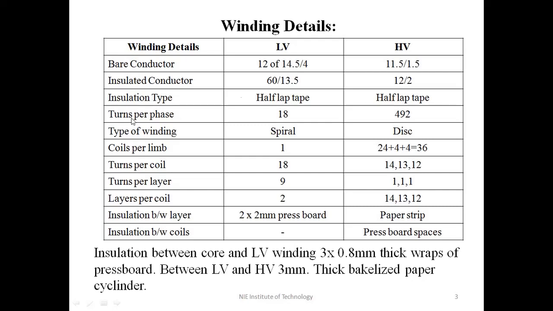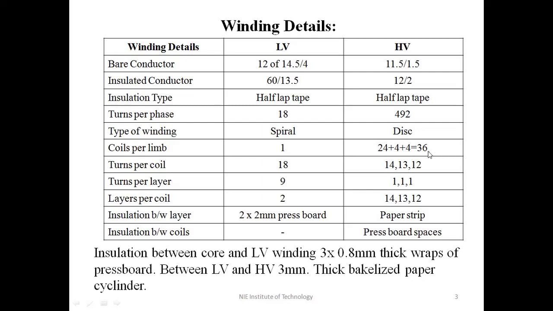Turns per phase: how many turns per phase? In LV we will be having 18 turns and in HV we have 492. Type of winding: the LV is spiral and the HV is disc. Coils per limb: how many coils do you have per limb? Only one for LV, and for HV we will be having 24 plus 4 plus 4 equals 36.